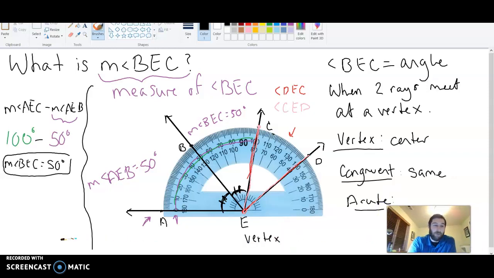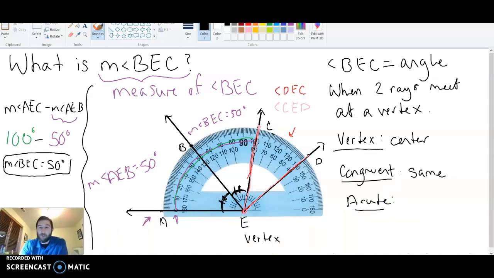So acute is an angle less than 90 degrees. An obtuse angle is an angle that's larger than 90 degrees.